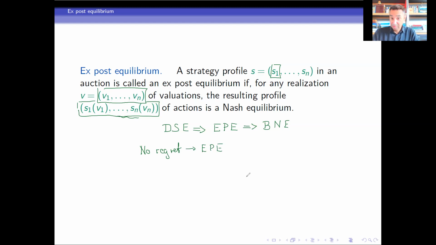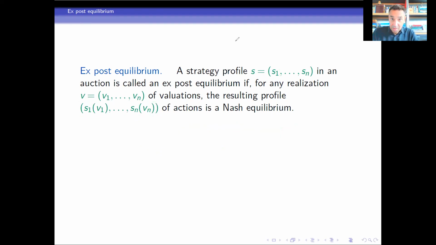So that means that in all eventualities, of course, you bid a best response. And that means then also on average, so if you average out over the other ones, that should also be a best response on average, because you bid best response in every eventuality. So that is in short the connection between the other equilibrium notions.